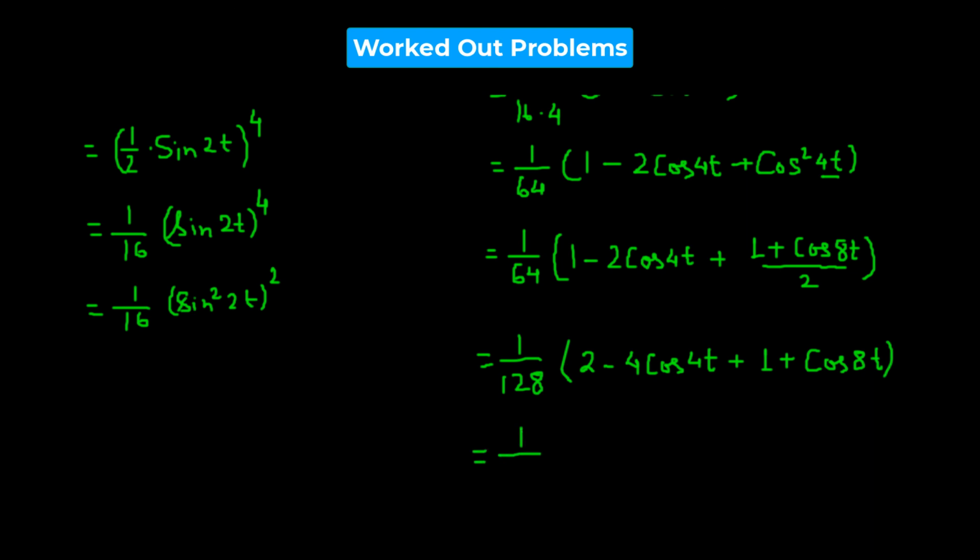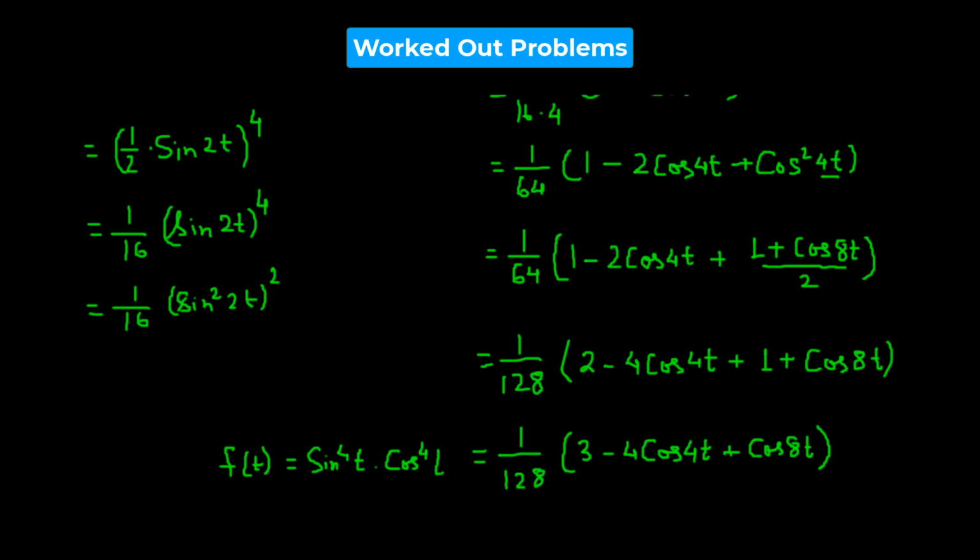So we have 1 over 128 multiplied by 3 minus 4 times cosine of 4t plus cosine of 8t. So this is the function f of t, which is sine t raised to the power of 4 times cosine t raised to the power of 4.